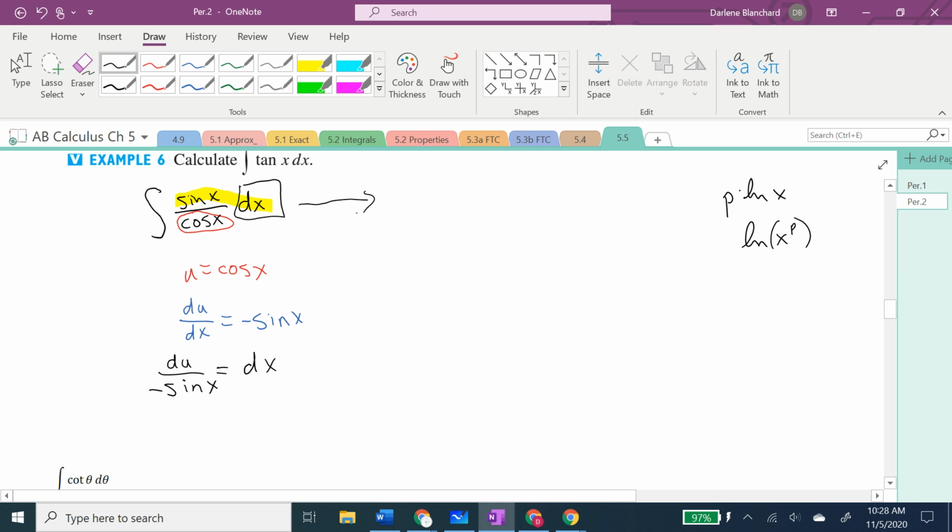So when I go to rewrite this integral, I have sine x divided by, I chose the denominator to be u, and the dx is du divided by negative sine x.